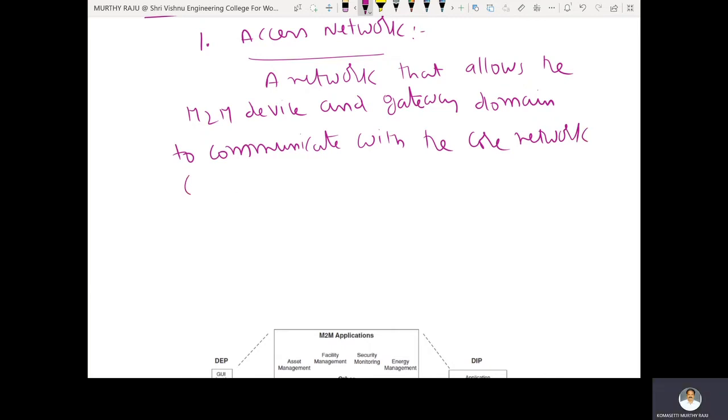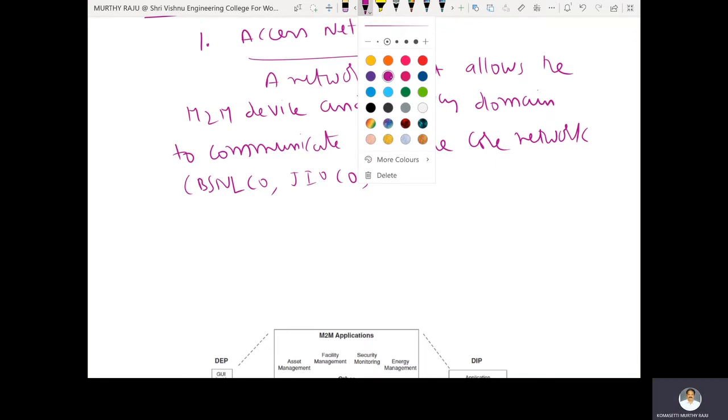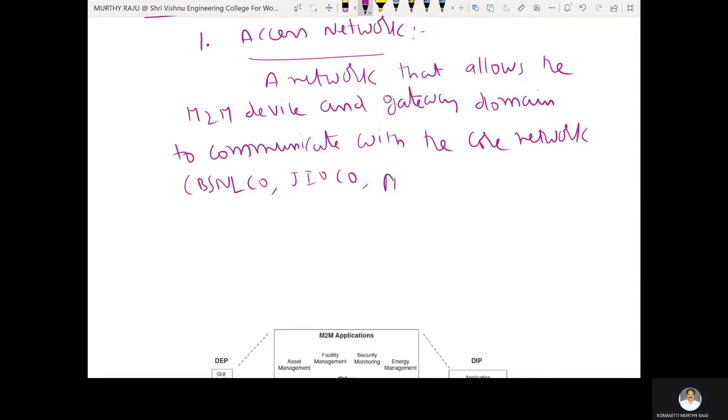Core network means BSNL central office, Jio central office, Vodafone, Airtel, all are internet providers. Jio central office, BSNL central office, and Airtel, etc.